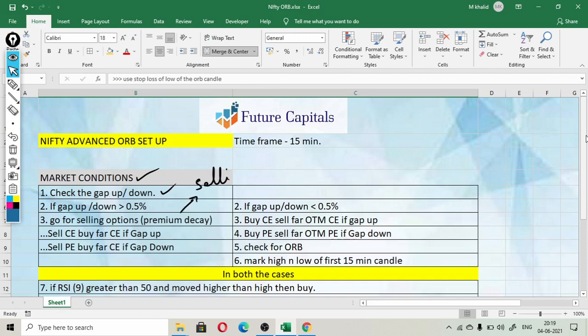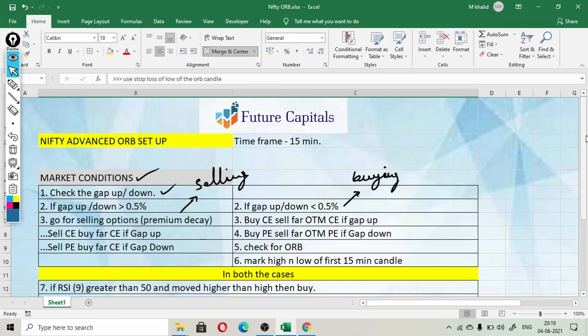On that day the market is not going to move further from the high of the first 15-minute candle, and you can look for option selling, or use some strategies for premium decay. And if it has opened less than 0.5%, on that day we can go for option buying strategies, or simply buy and hold.